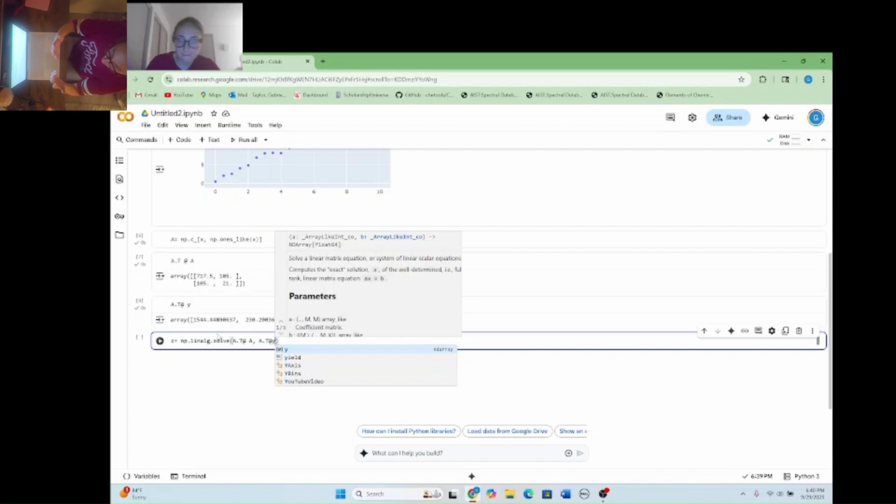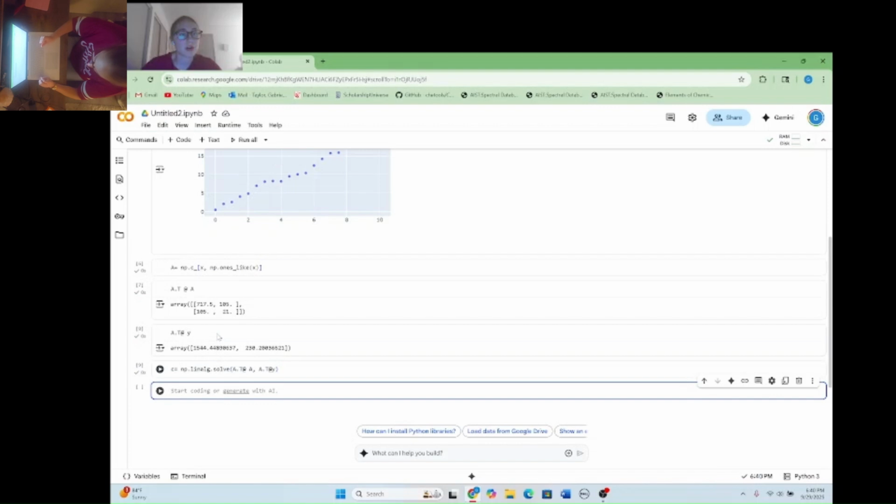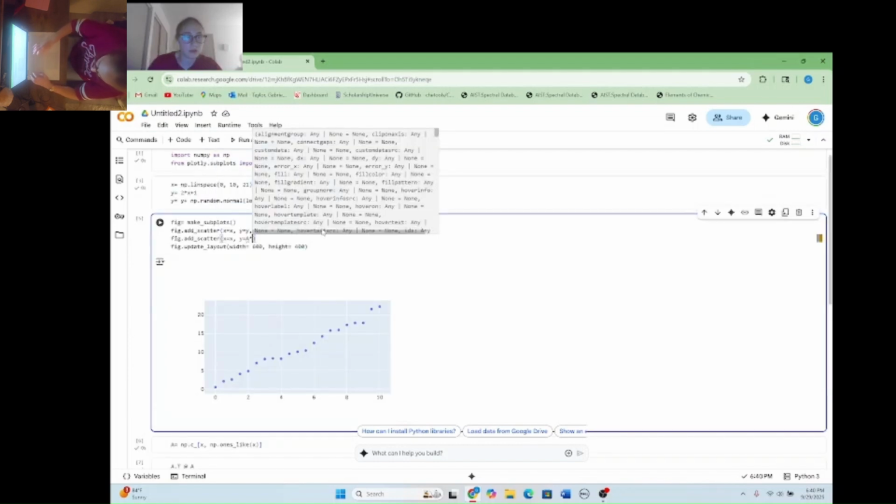And then Control C. Okay, so after we have that, we're going to come back up and add another figure to this. So we have fig.add_scatter, x equals x, and y is going to be equal to our A times our C, because this gives our y model.